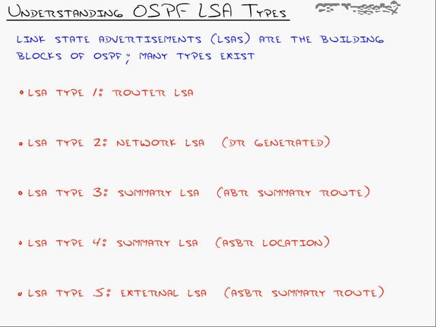Those are always marked as LSA type 3. LSA type 4 identifies the ASBR, its IP address, its location. And then the type 5 LSA was the LSA that the ASBR generated anytime it sent external routes into the OSPF domain. I wanted to do that review because the function of these special area types that are coming up is to help you manage and filter these LSAs.